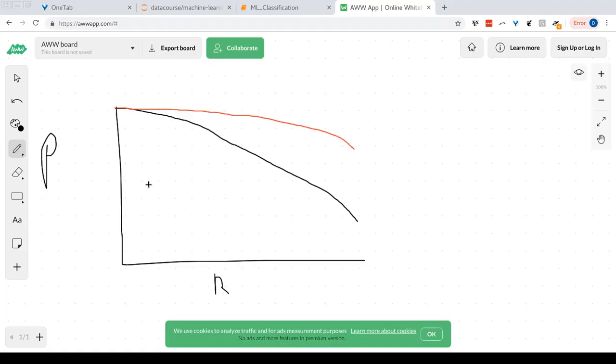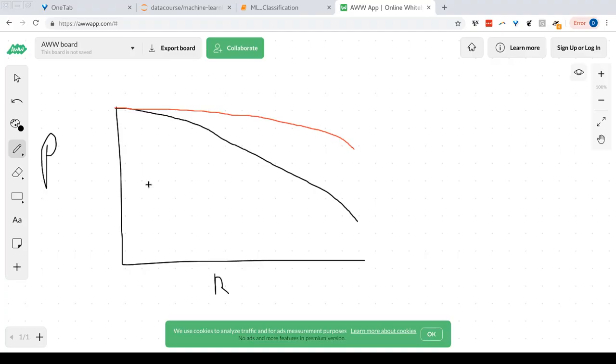The model represented by black or the model represented by red? Visually we know that the area under the curve for the red line, the model represented by red, will be larger. So the less severe the trade-off between precision and recall, the larger the area under the curve.